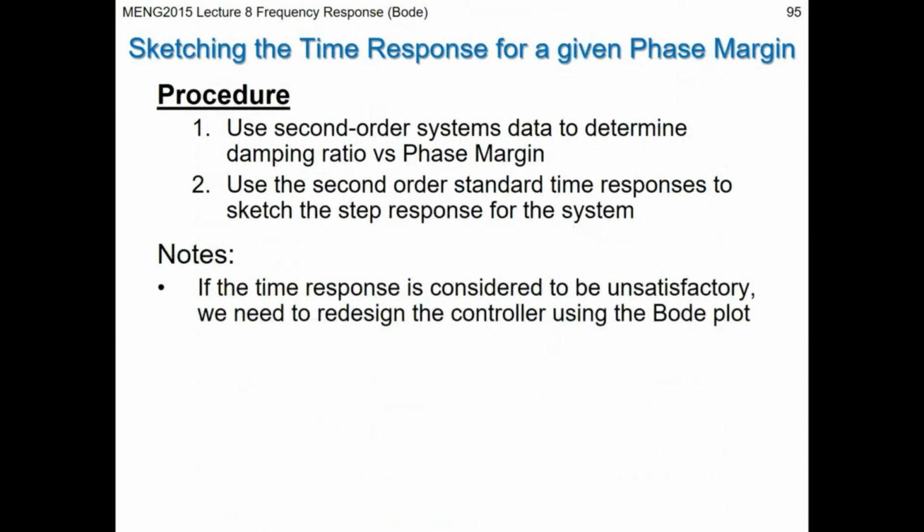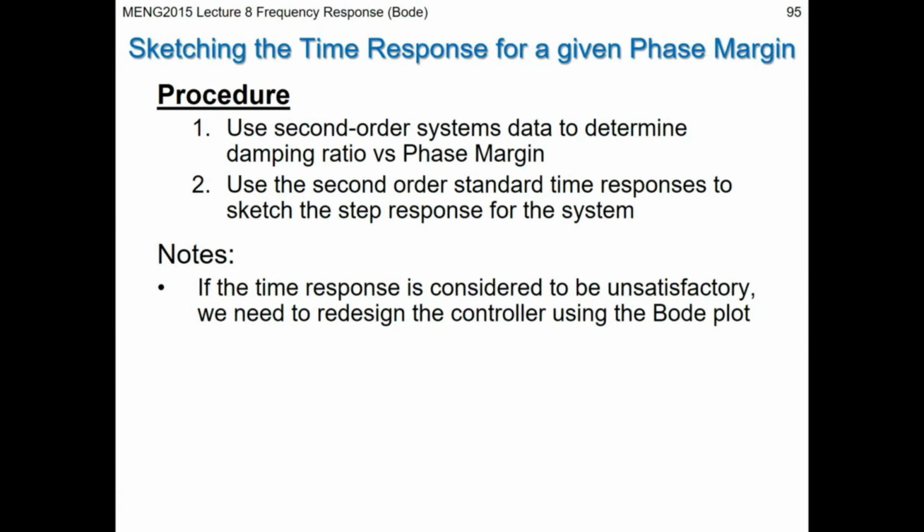Then we do have to note that if the time response is considered to be unsatisfactory, in other words too high an overshoot, a very slow rise time, or the settling time is too long, whatever the characteristic is, then we can redesign our controller using our Bode plot.